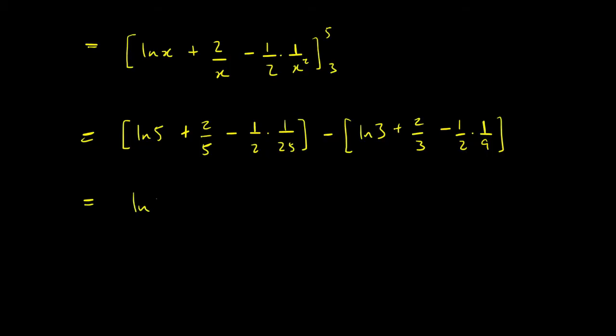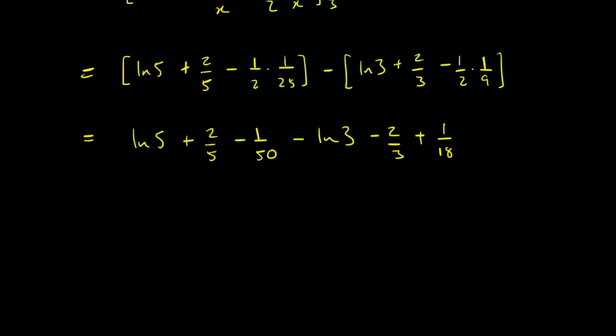I've got ln 5 plus 2/5 minus 1 upon 50 minus ln 3, so I'm now opening up the bracket, minus 2/3, minus, not minus, plus, because we've got minus, plus 1 upon 18. And then I'm going to try to combine the fractions as best as I can. So I'll write ln 5 minus ln 3, put those two together, and I'm going to sort those out in a moment.